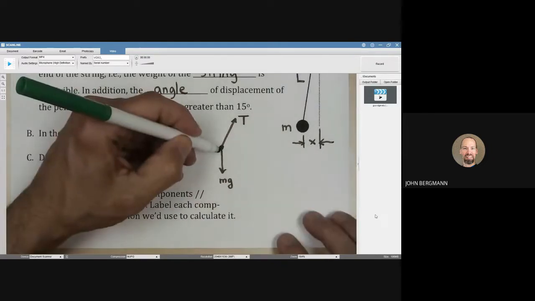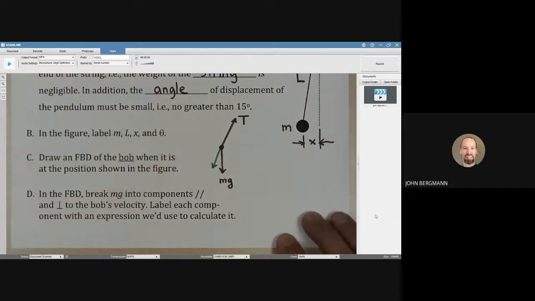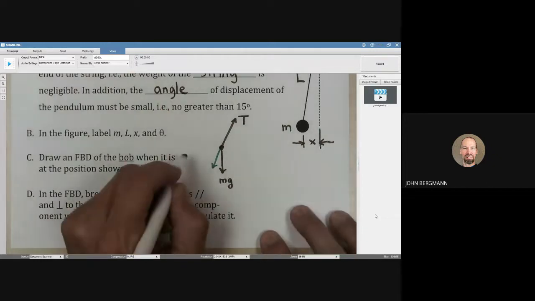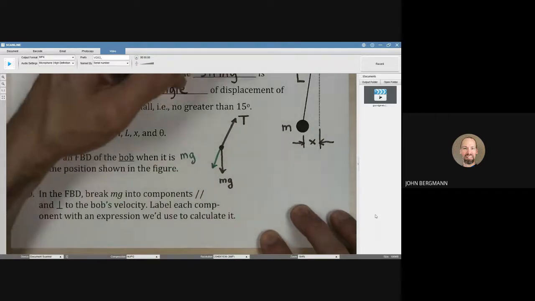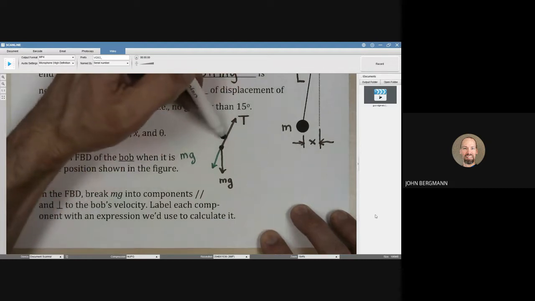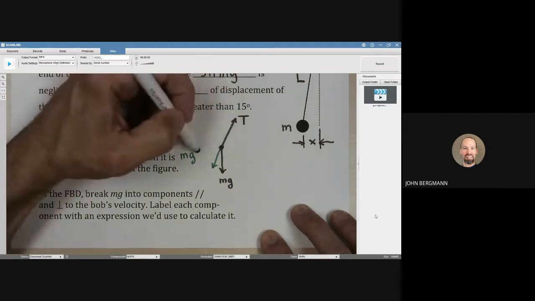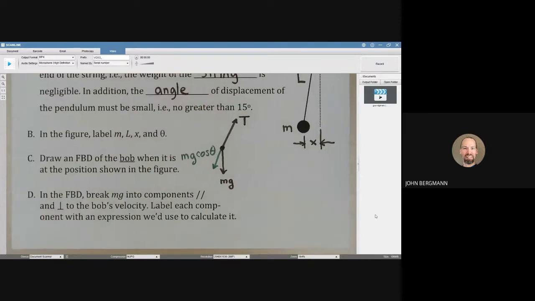Let's do the perpendicular component. And what would that be numerically equal to? That would be numerically equal to mg, and if that's theta, then theta would be right in here. Theta's right in there as well. So mg cosine theta is what that one is.